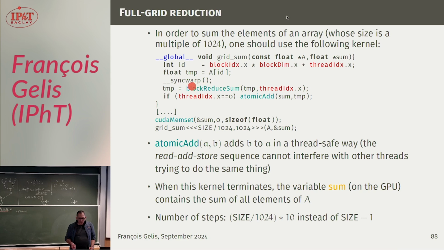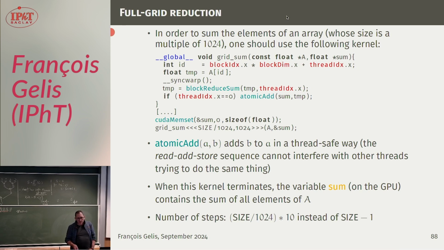So now each thread calls this function, and the outcome is the sum across the block, the sum for this group of 1024 threads.